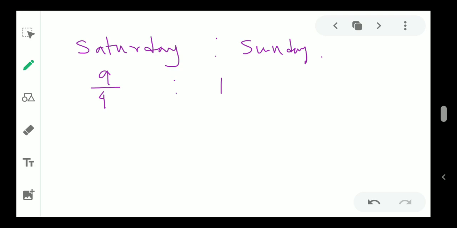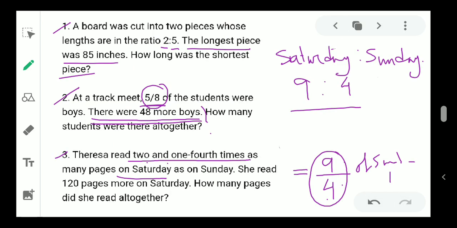As I told in the last video, when you have a ratio like this, you can multiply the same thing on both sides. So I can multiply by 4 on both sides to make it simple. The 4 and 4 are gone, and I am getting 9:4. That's why I have written 9:4 here.